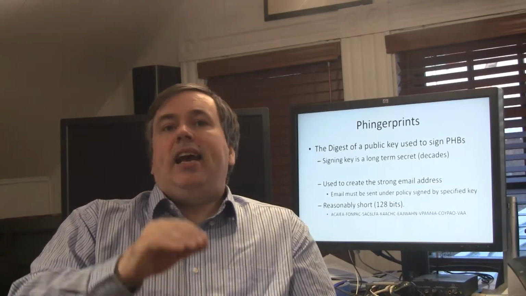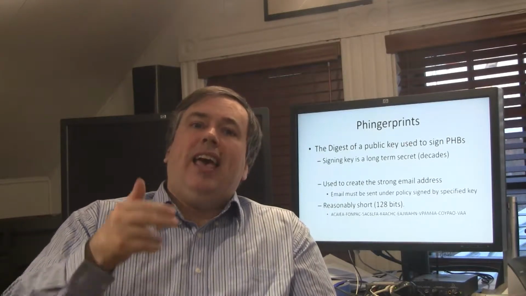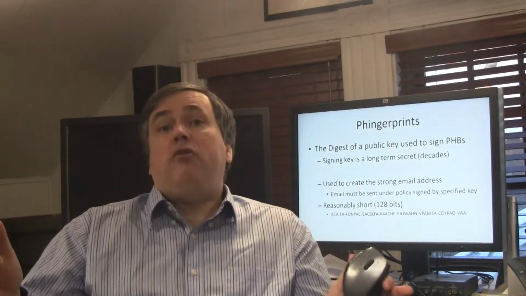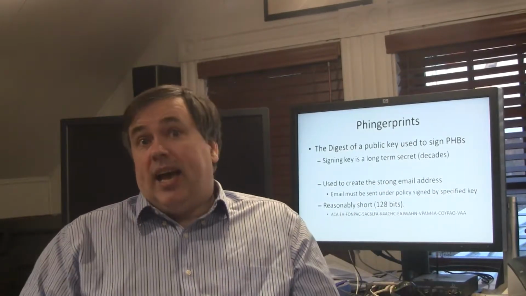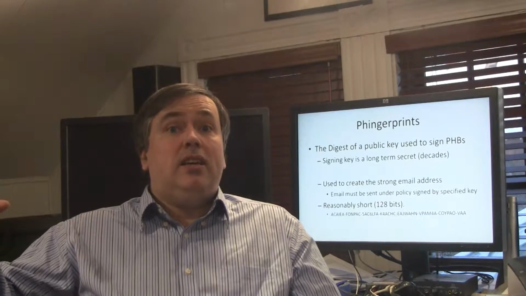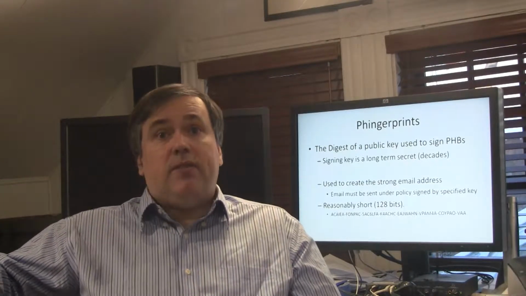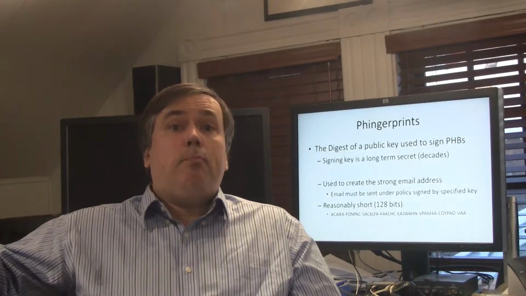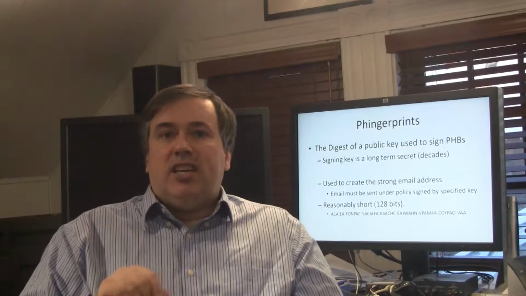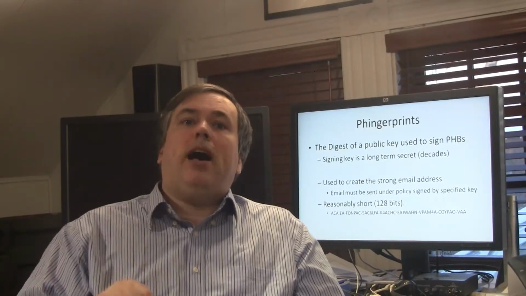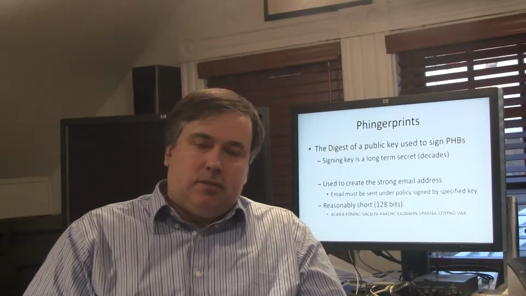If you're designing a digest, the work factor of a digest function is set by the square root of the number of possibilities that it has. So if you have a 512-bit digest function, there's 2 to the 512 different possible digests, but your work factor for certain attacks is only 2 to the power 256 because of something called the birthday paradox.